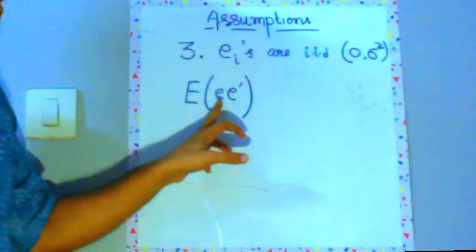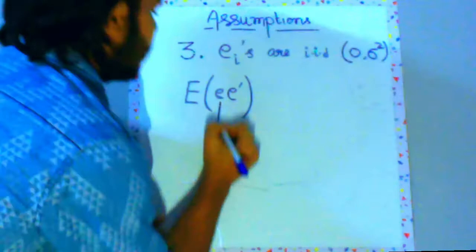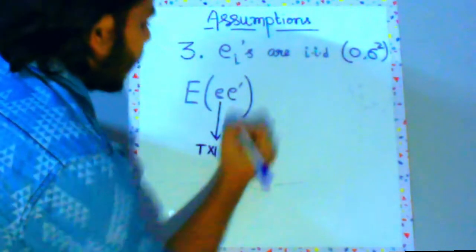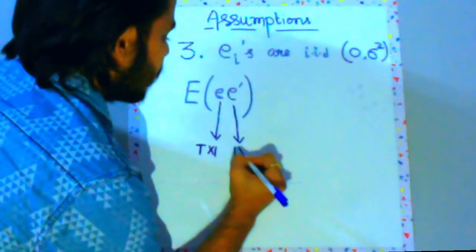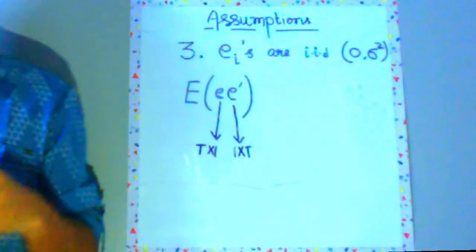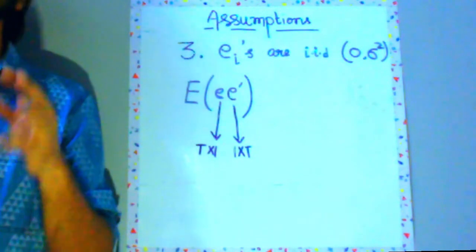This is e and this is e transpose. Now e has a dimension of T cross 1. This has a dimension of T cross 1, and obviously as you are taking a transpose, it will have a dimension of 1 cross T. So the moment you multiply them, you will have a dimension of T cross T, which will give you a square matrix.